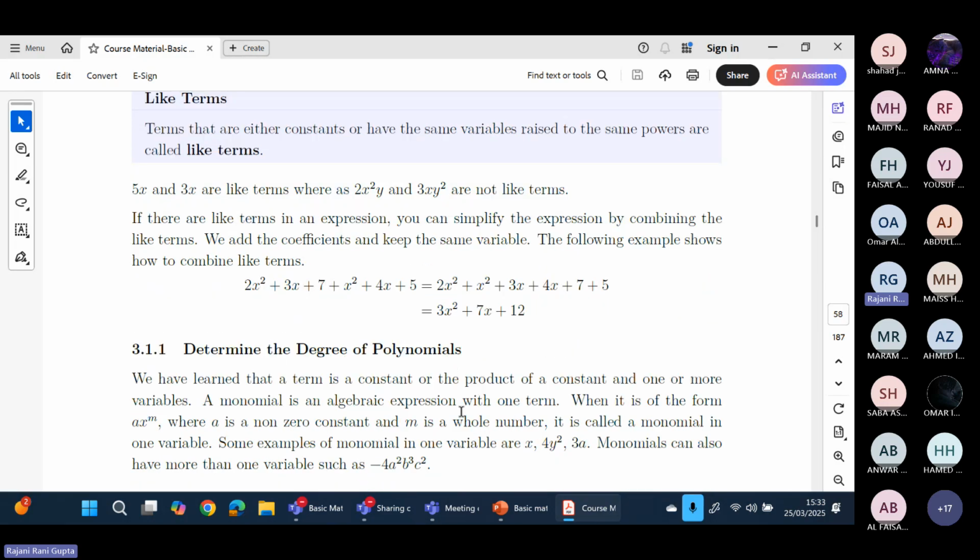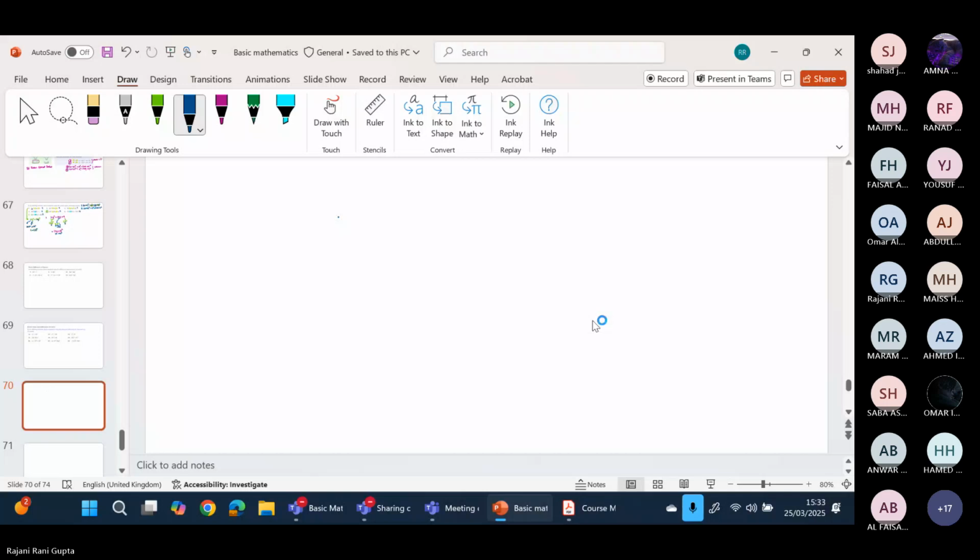Now, I'll focus more on the degree. When we discussed the degree, first I discussed the degree of a term. So degree is nothing but the power.